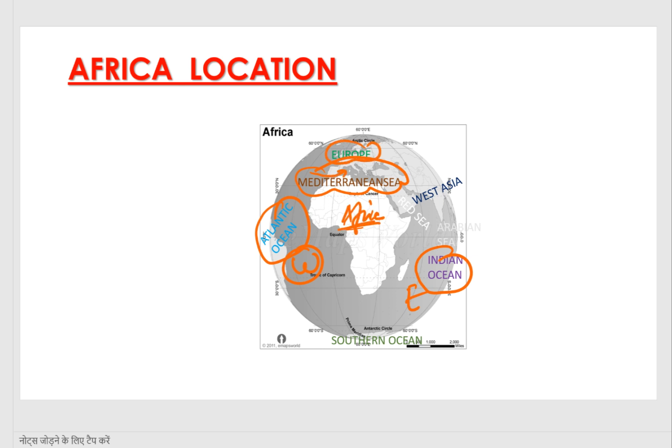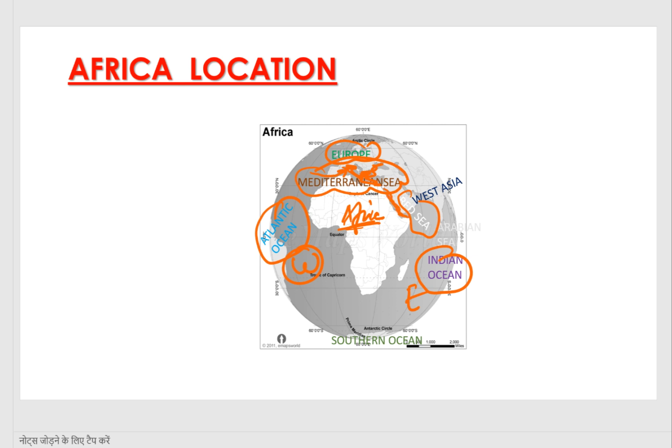So you can see the portion of the Mediterranean Sea here. And on the eastern side, there is an arm of the Indian Ocean which has made inroads between Africa and West Asia, and that is the Red Sea. You can see the Red Sea portion here.